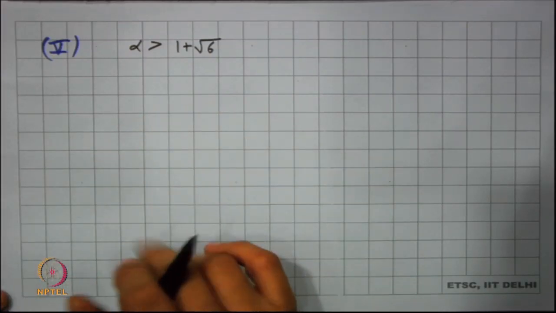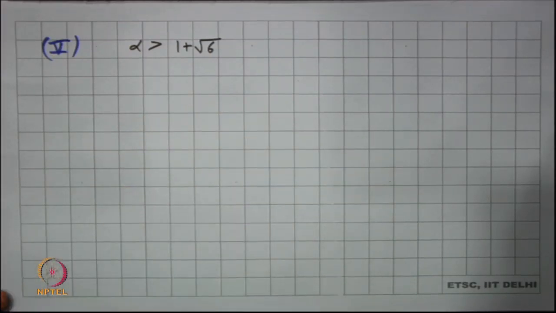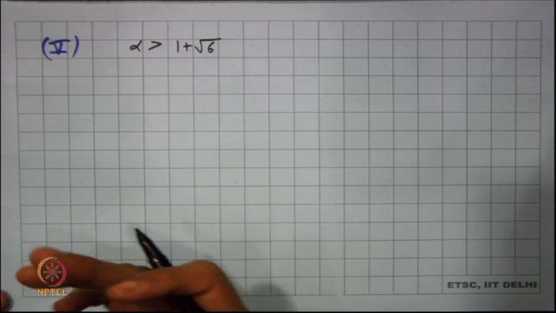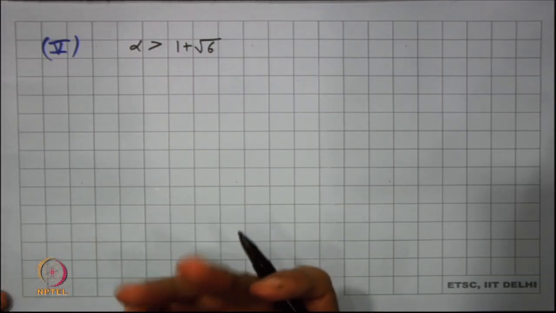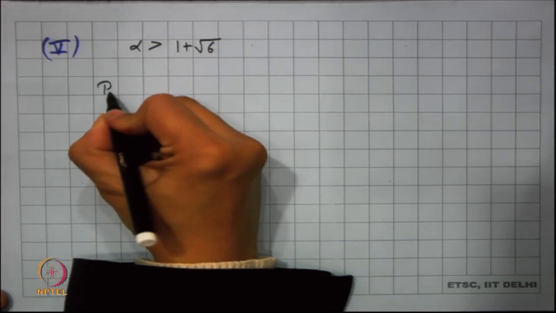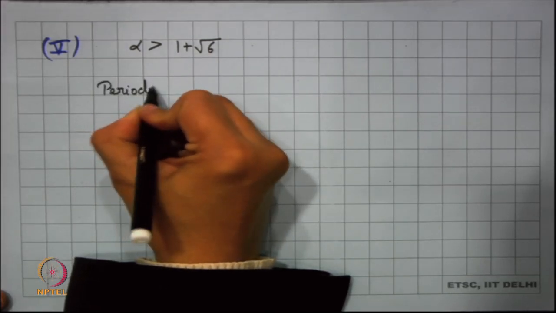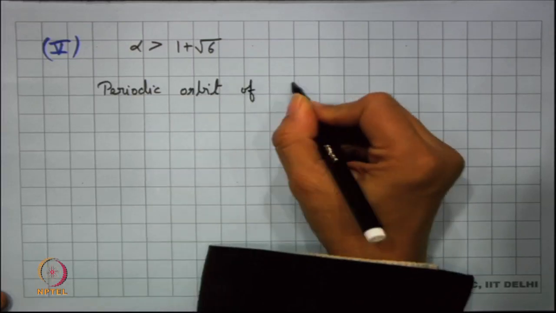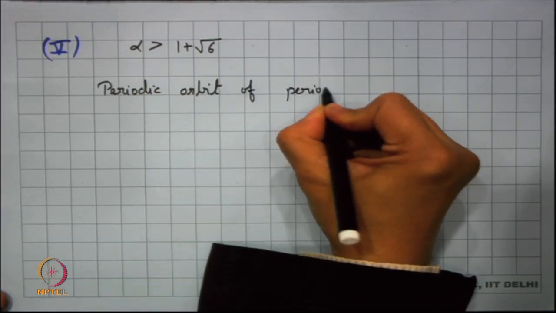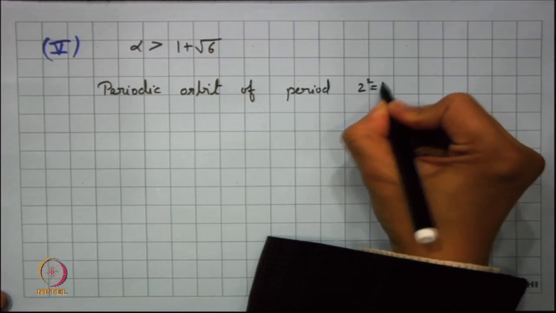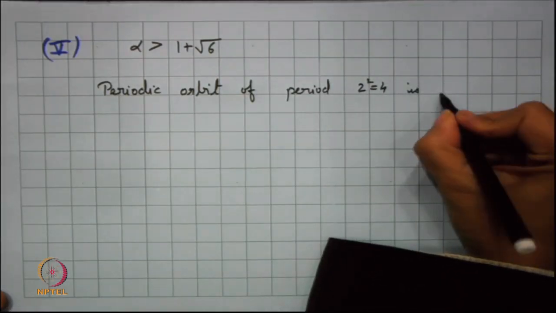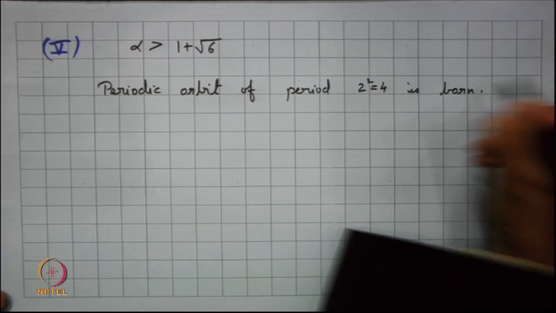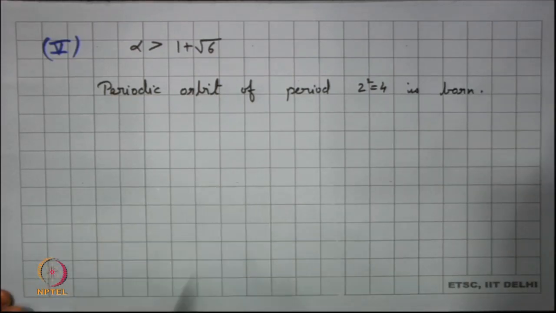So, we find that there is another periodic orbit of period 2 square, period 4, right. So, now we have a new periodic orbit.